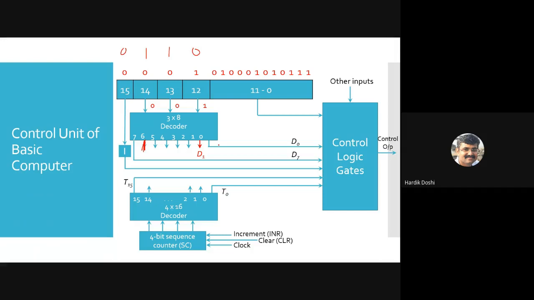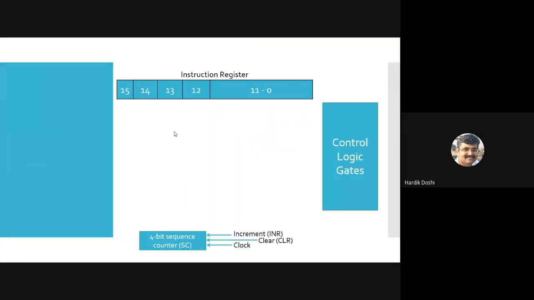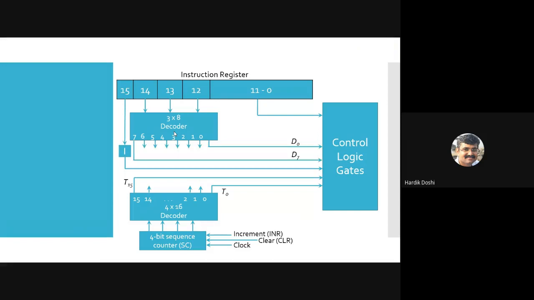Did you get the working of this decoder, this 3-to-8 decoder? Now tell me once again, what if I give instruction bits to be 0, 1, 1, 1, 0, 1, 0, 0, 0, 0, 0, 0, 0, 0, 0, 0?